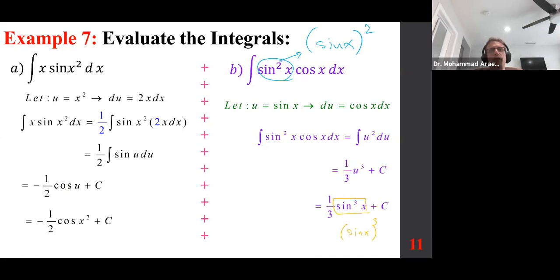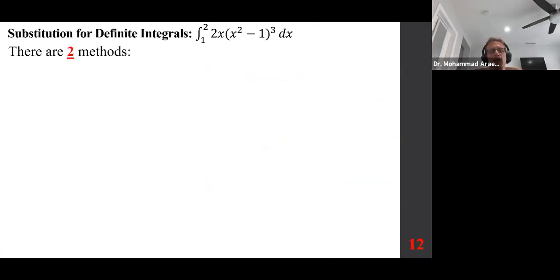Now, what happens when we want to evaluate a definite integral from a to b, f of x dx, when substitution is in order? So the substitution for this is simple. We've seen this before. But I want to show you two methods. Again, you're dealing with polynomials.